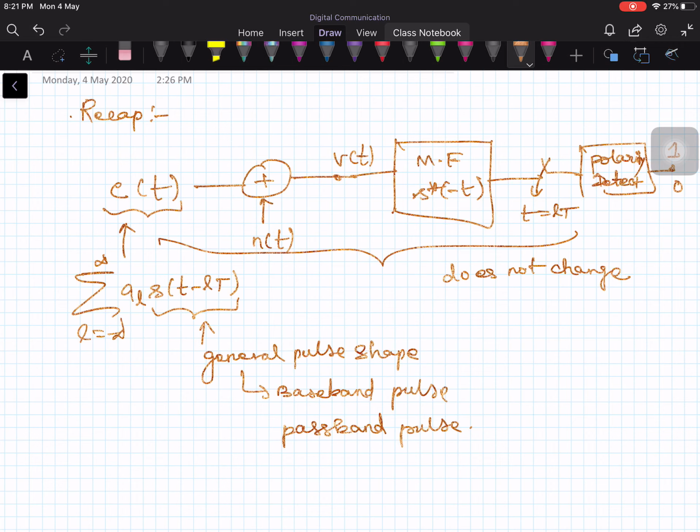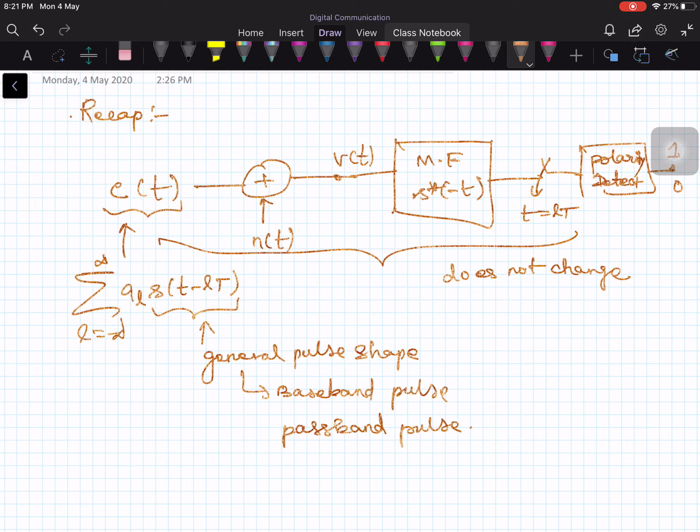The basic processing that we need to do remains the same, whether this is the baseband pulse or the passband pulse: matched filtering, followed by sampling and then the polarity detector.